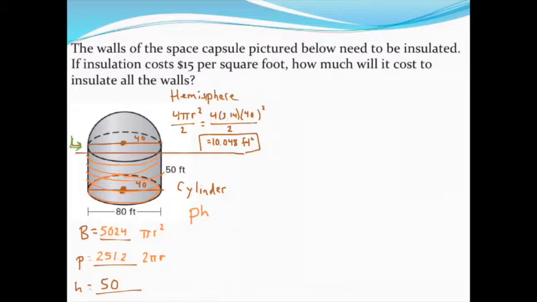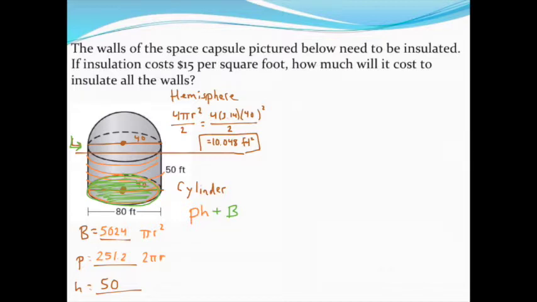It's not exposed, so I don't want to include that. However, this bottom base, that bottom circle, is exposed to the air or space or whatever, since I guess it's a space capsule. So we do want to include that base, but only one of them. So I'm going to do P times H plus 1B, which isn't really any of our formulas, but this is a special problem. It's not going to necessarily follow our formulas exactly.